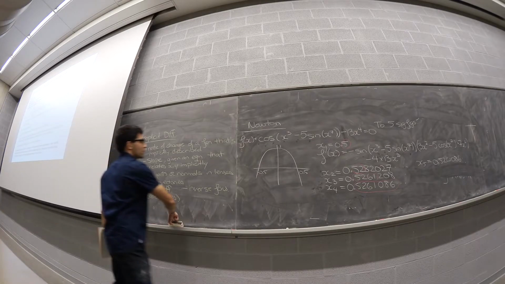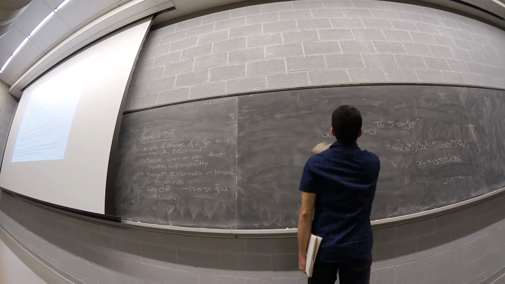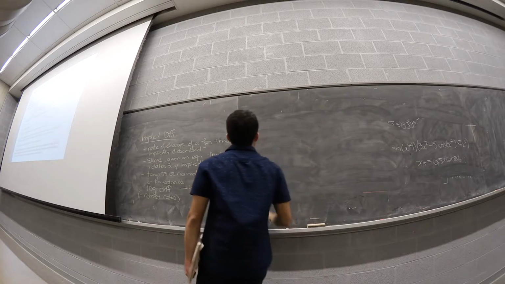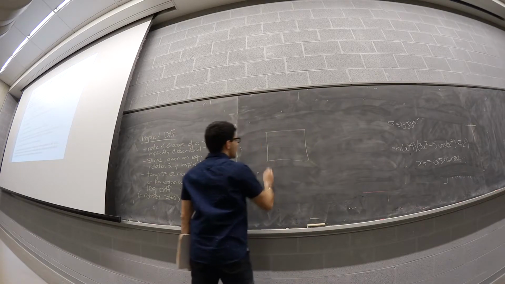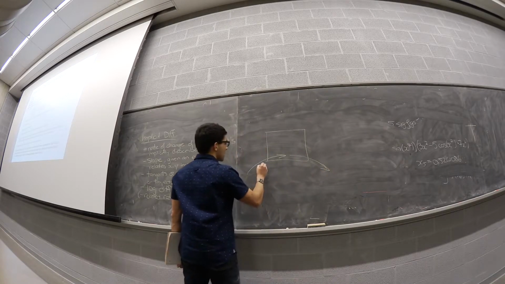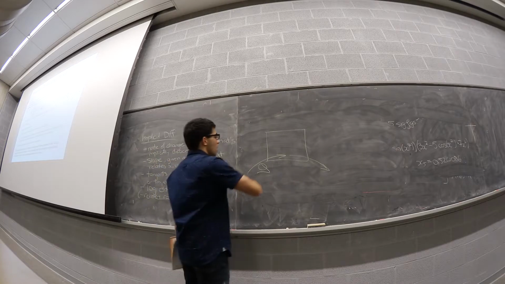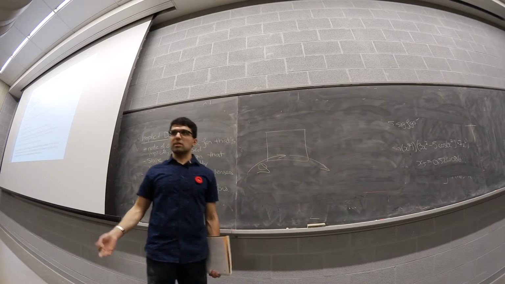I promise I won't talk much longer about this. But basically, here's what you're doing. You've got blood coming in and blood going out at a rate Q, which is called cardiac output. The blood's going into your lungs or around your lungs in the capillaries.